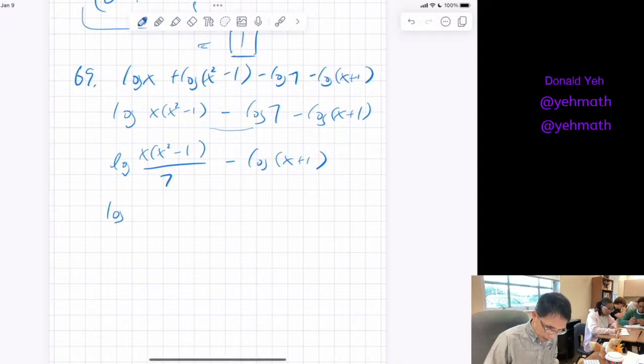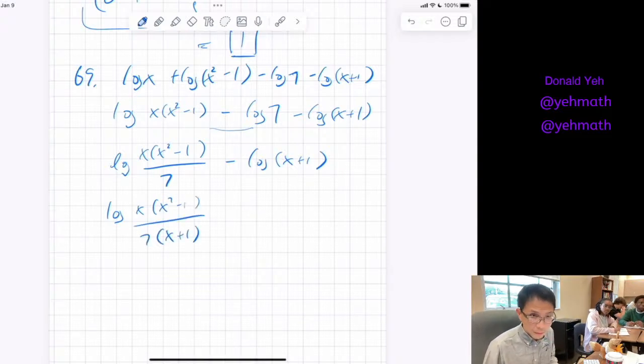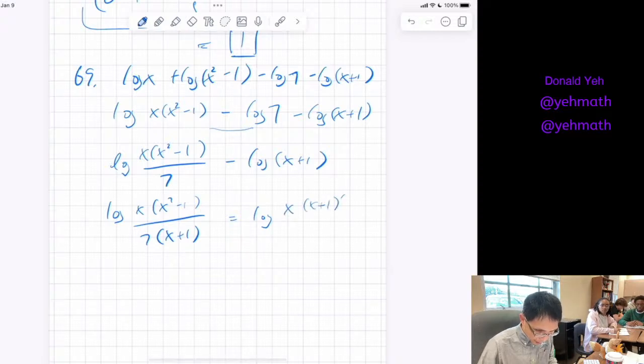And that's going to be log of x times x squared minus 1 over 7 times x plus 1. You can probably simplify this. I don't know which kind of answer they have, but you could have x plus 1 and x minus 1 because that's factorable. So that can probably simplify down to log of x times x minus 1 over 7.